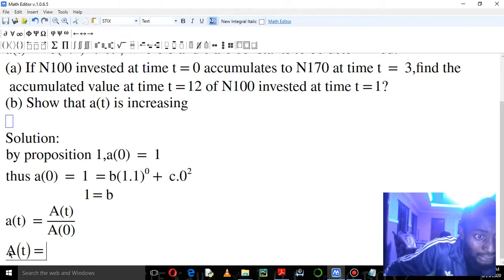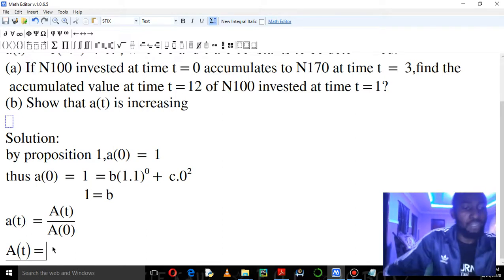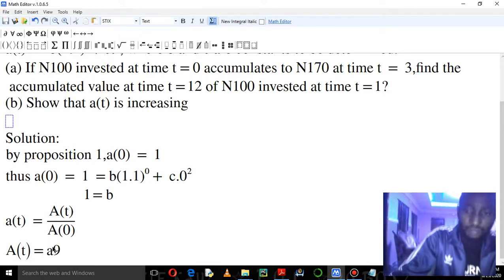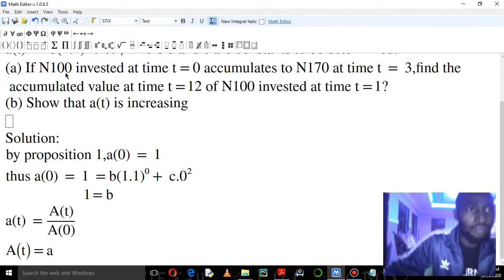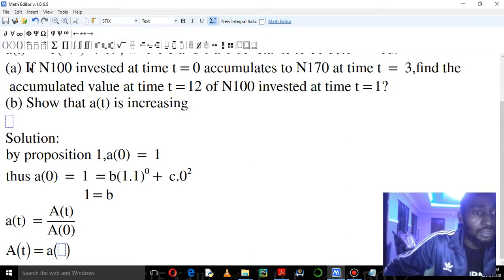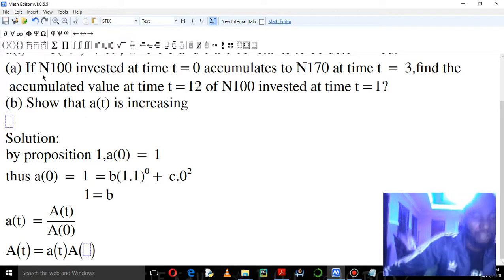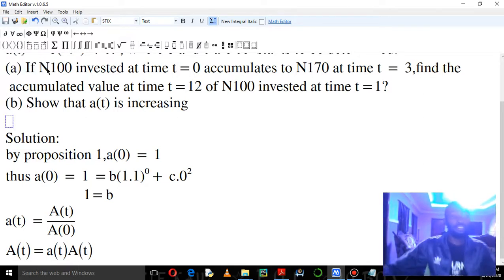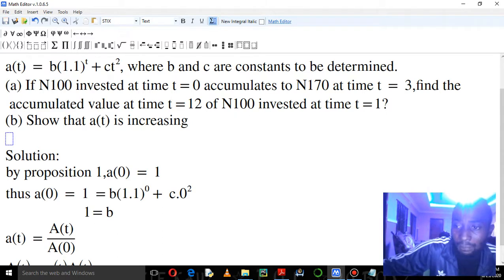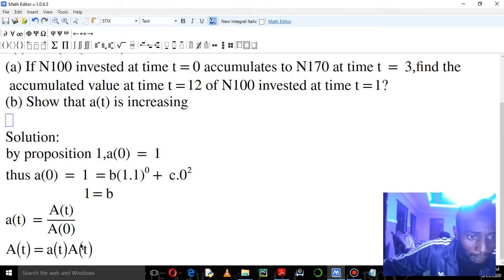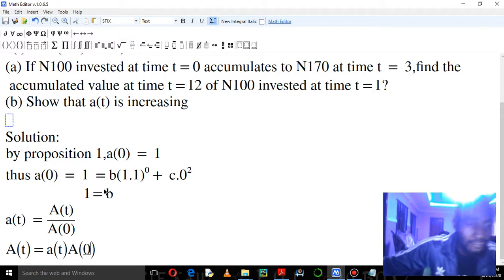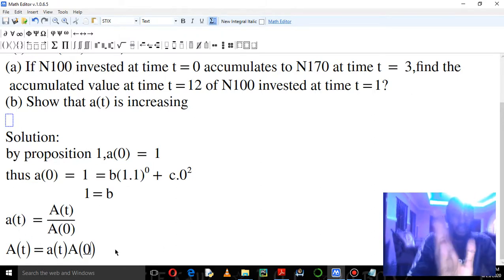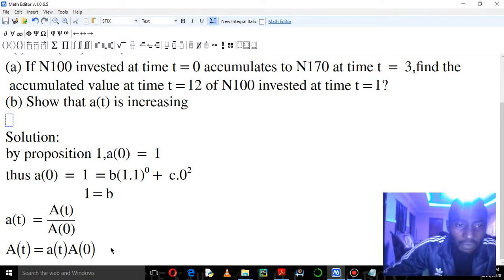So when you cross multiply, this times 1 will give you capital A of t, and you'll have small a of t multiplied by capital A of 0. So don't mind me. So this is the formula for our A of t. Now we've gotten a formula for our A of t.